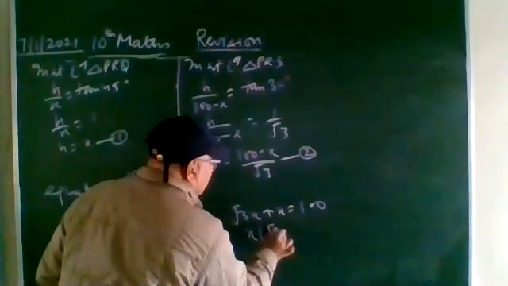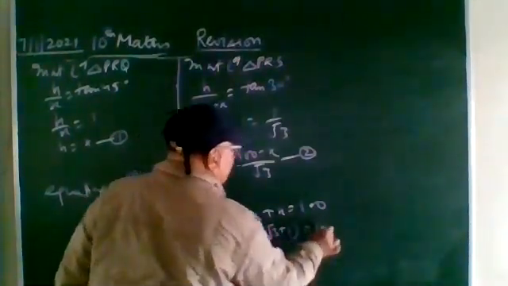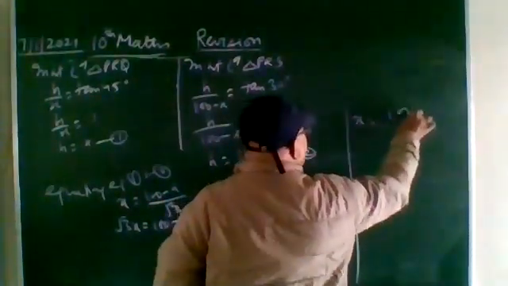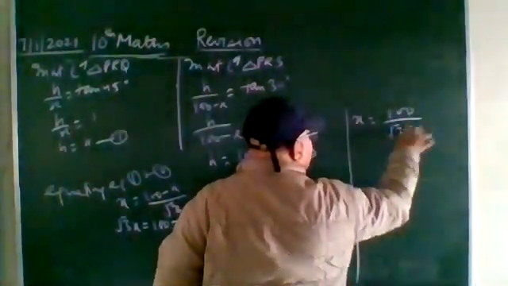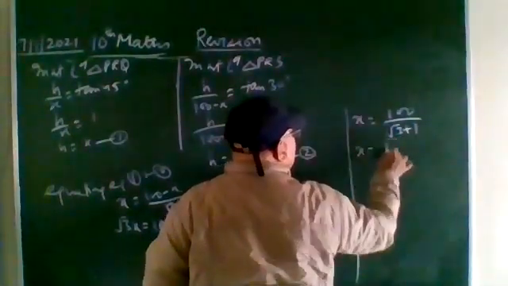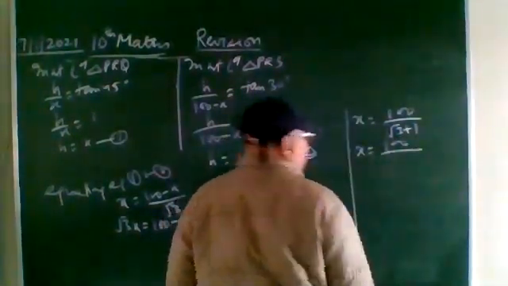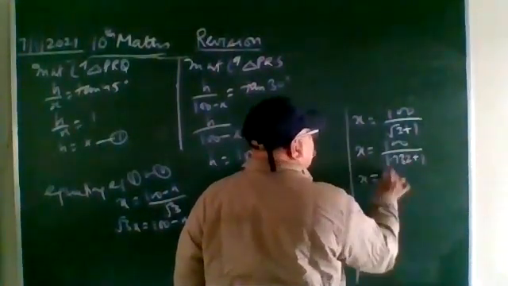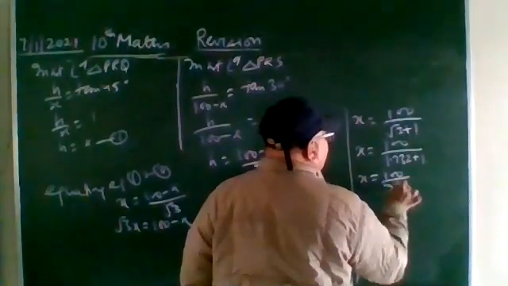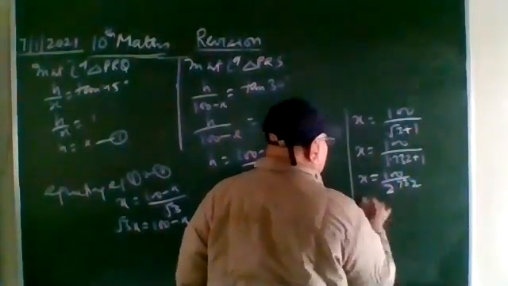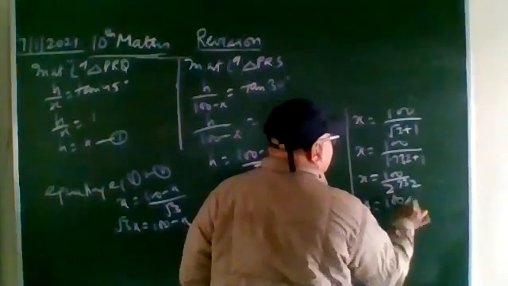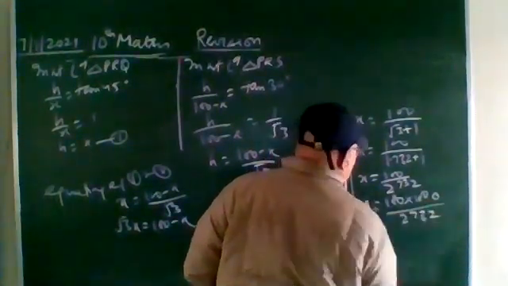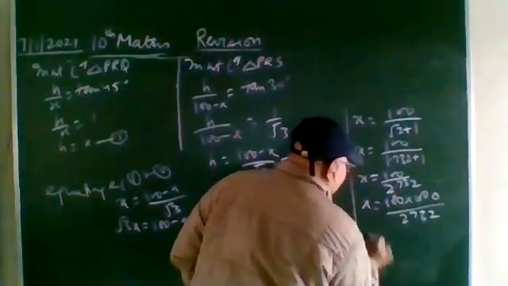X common, root 3 plus 1 times X equals 100. X equal to 100 by root 3 plus 1. You can take 1.732 plus 1, that is 2.732, so X equals 100 into 1000 upon 2732 and get the value of X.